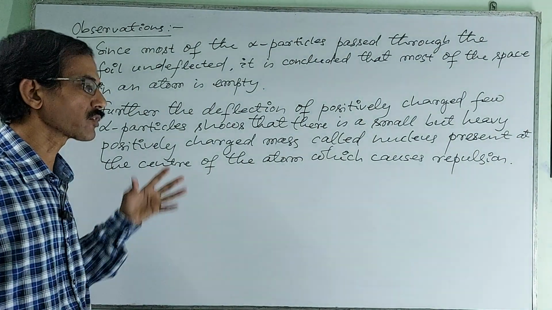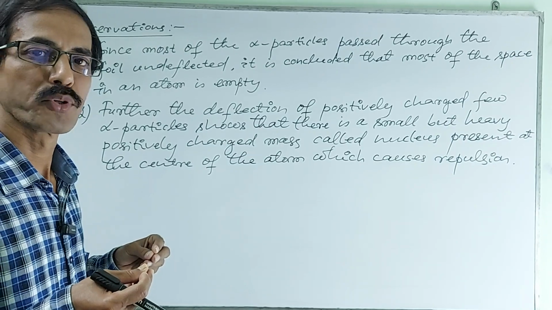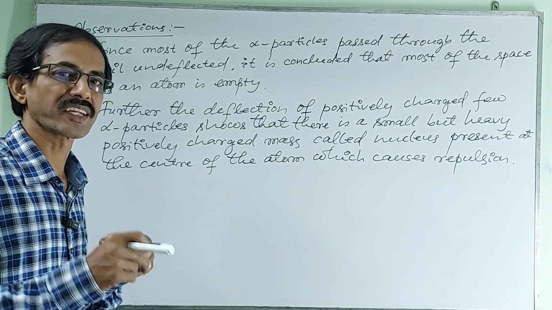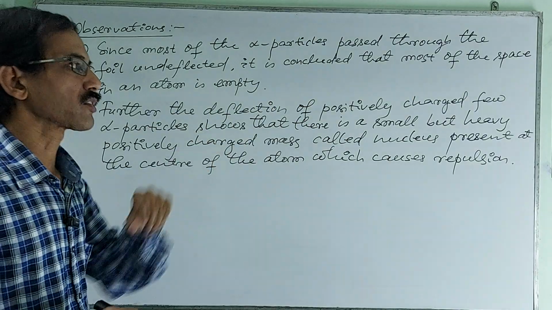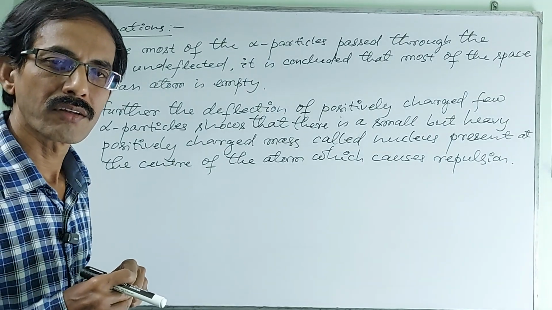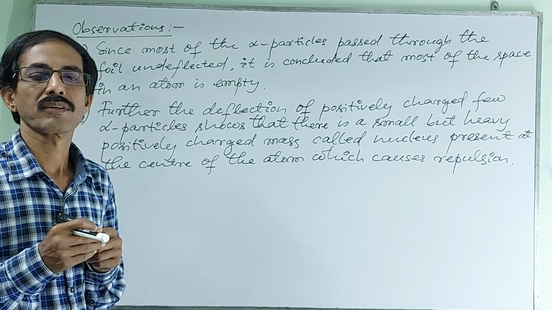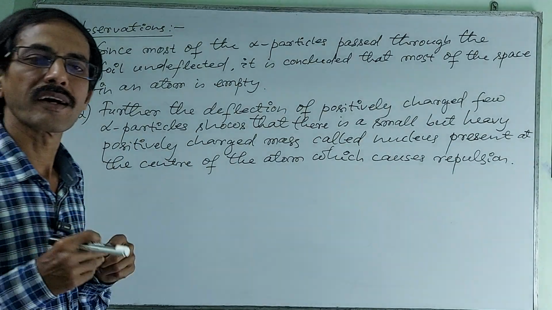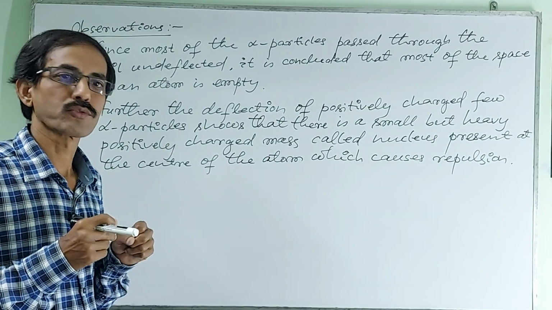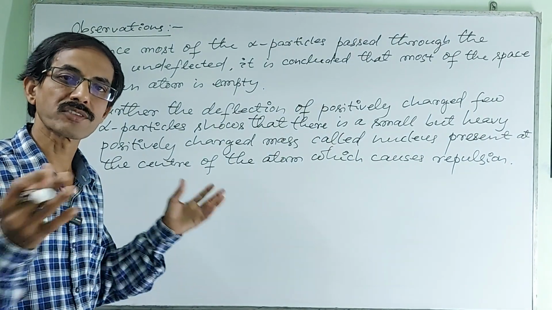The second observation is, further, the deflection of a few positively charged alpha particles, as I have told you earlier, deflected through wider angles, shows that there is a small but heavy positively charged mass called the nucleus present at the center of the atom, which causes repulsion to the positively charged alpha particles, because we know similar charges repel each other.